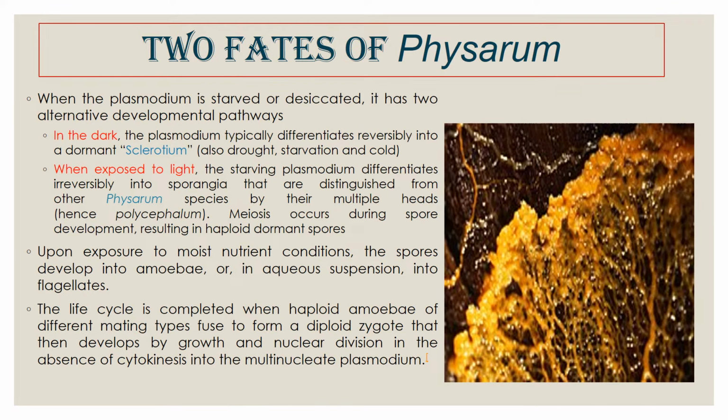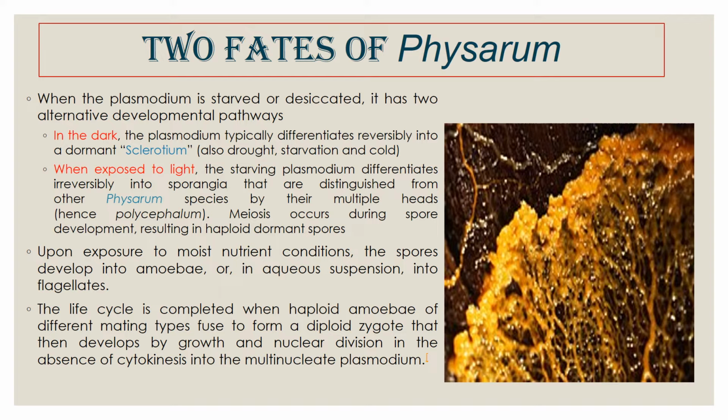So here, after the plasmodium has attained maturation by engulfing enough bacteria, protozoa, or fungi, it has got enough food material, and it has got enough size. After it reaches maturity, it starts to reproduce if the conditions are perfect.